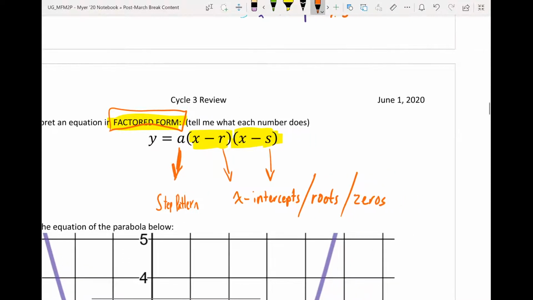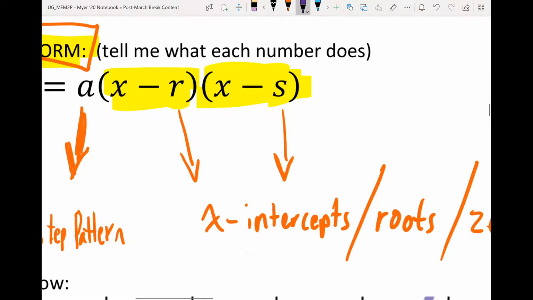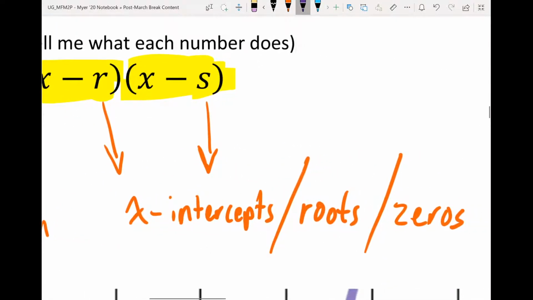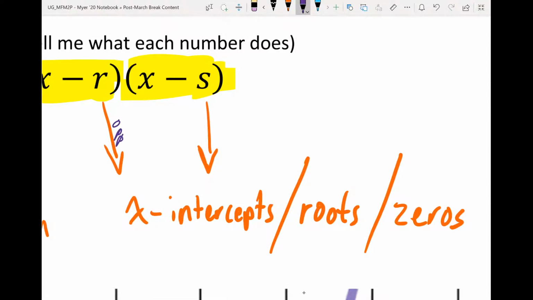All right, so we have to remember again that x is a liar. That's the one last thing. So we're going to remind ourselves, these values are opposite.